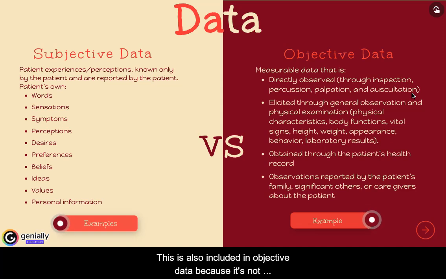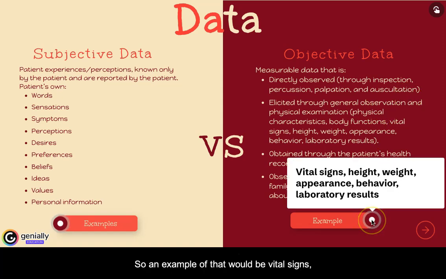This is also included in objective data because it's not in the patient's own words. So an example of that would be vital signs, height, weight, appearance that you notice in the patient, behavior that you notice, and you have lab results, for example.